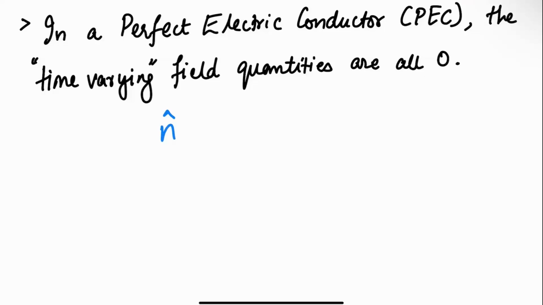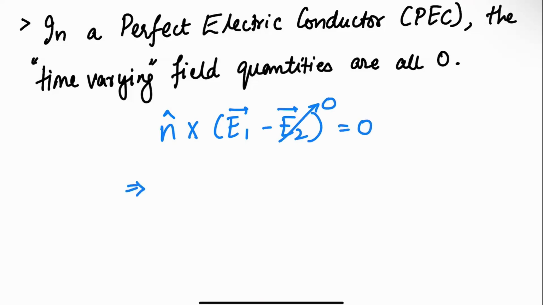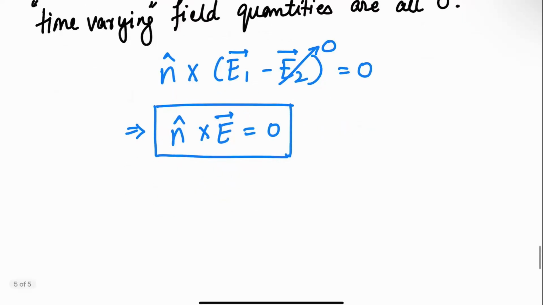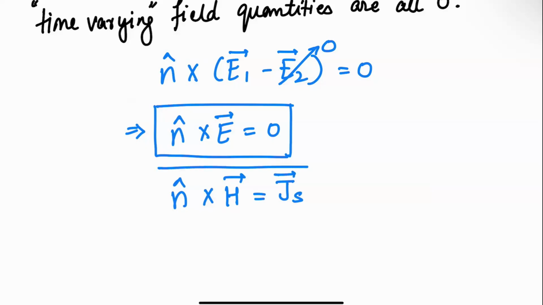So if that's true, then n hat cross (E1 minus E2) equal to 0 implies, and in material 2, if I call that a metal or a PEC, then on the surface of the metal, the tangential component of the electric field must go to 0, right? The magnetic field on the surface is given directly by the surface currents.